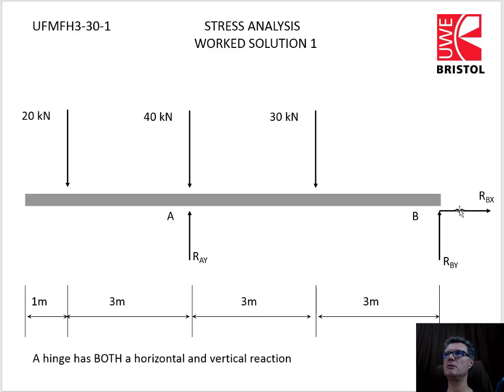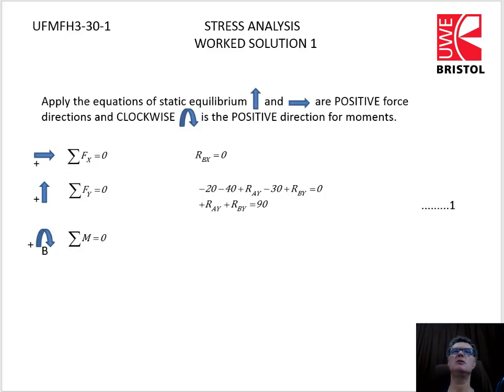The distance from this reaction force to my pivot is 0, and for this one here, 0 force times 0. So I've got rid of two forces in my equation and I've only got one unknown. That's the advantage of taking your moments at a hinge, generally speaking. There are some times when you don't want to do that.